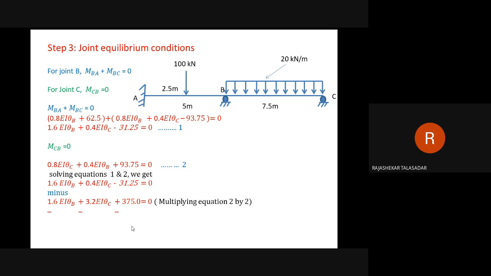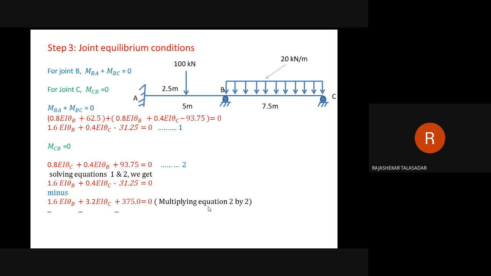Something is wrong here. 1.6 EI theta B will be here, right? This is not by 2, how much is it?